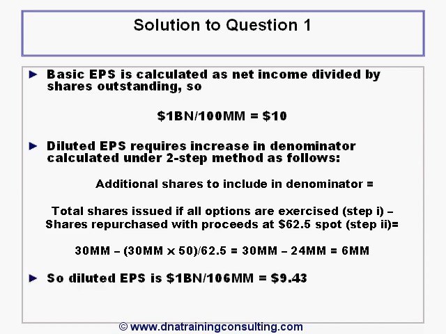So diluted EPS is now 1 billion divided by 106 million shares, i.e. $9.43 per share. Therefore, the correct answer is B, as in boy.